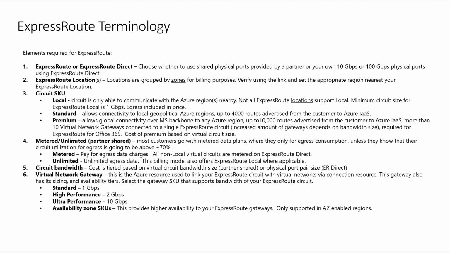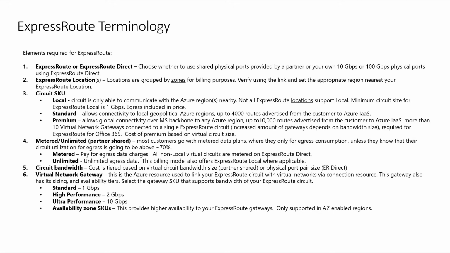Talking about premium circuit, it provides global connectivity over the Microsoft backbone to any region. So let's suppose I buy a circuit in East US, okay, I can connect to any region globally across Azure global connectivity. And with the premium, right, you can cross geopolitical boundaries.